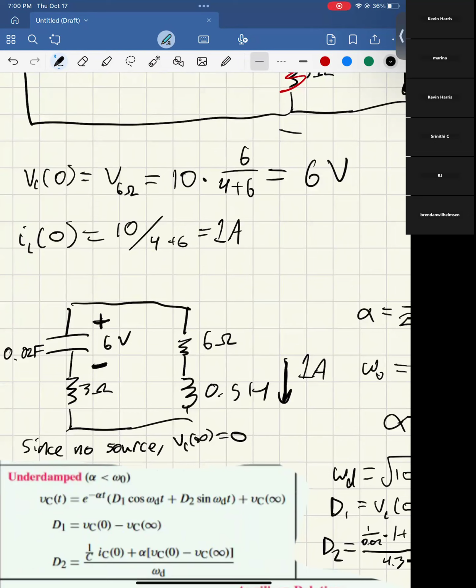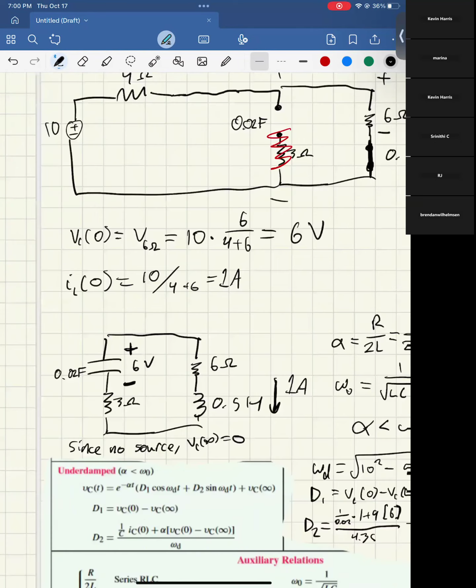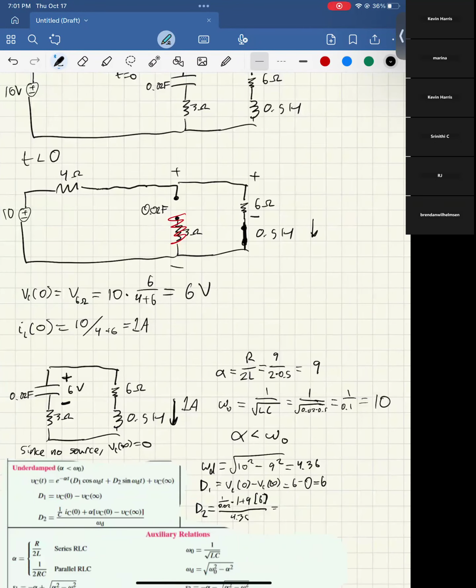So if we have a positive 6 volts there, and a current going like that, then this would actually be a negative 6 volts. So what we have to do instead is say that this is a negative 1 amp, because then it matches up properly. Let me see if I can get you a slightly better explanation than that.